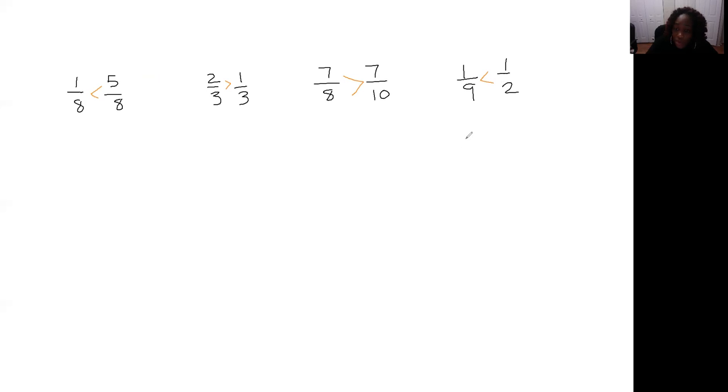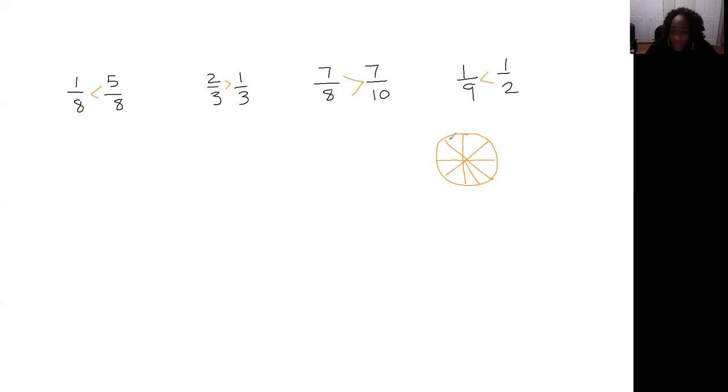Again, if we were to do this on a picture and I had a pizza, I remember first seeing this and thinking, that makes absolutely no sense. Oh, but it does. This pizza is currently in ninths.